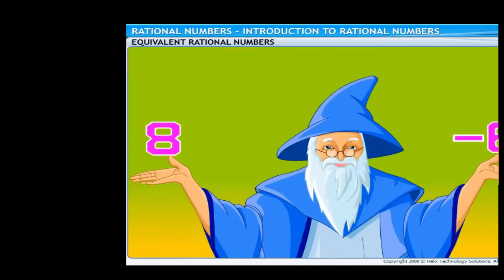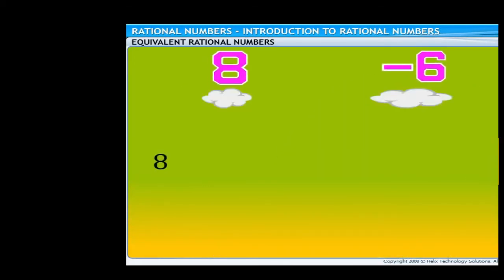Consider two integers, 8 and -6. If we multiply both integers by 2, we get two new numbers. Now, let's make a rational number -6 divided by 8 with these two integers.